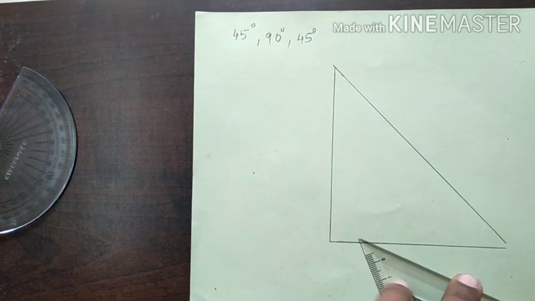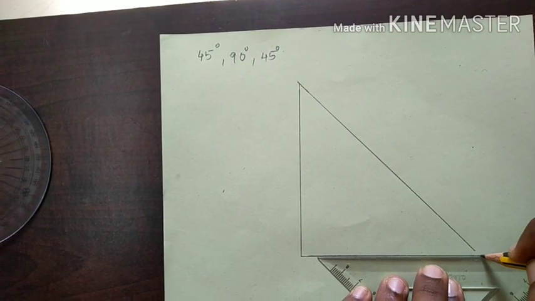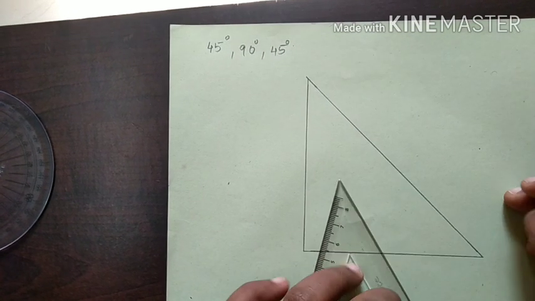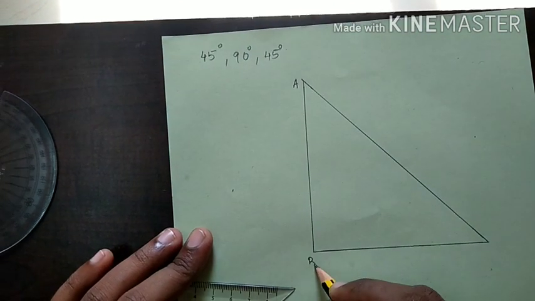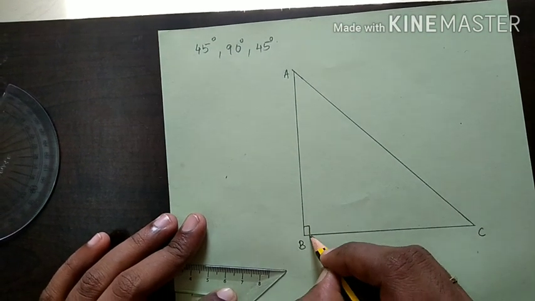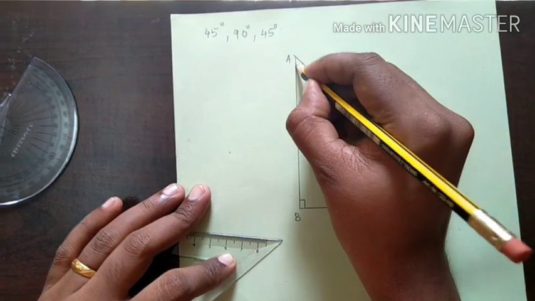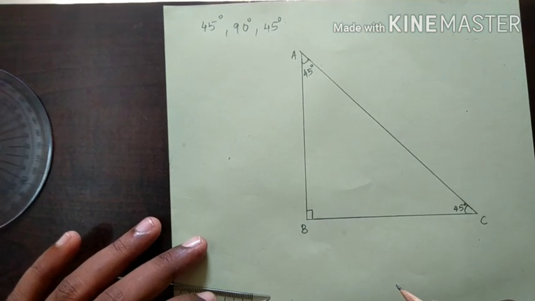So make all the corners sharp. Okay, then label the prism as A, B, C and mark all the angles: 90 degree, 45 degree, here is 45 degree. Okay, this is the first initial stage.